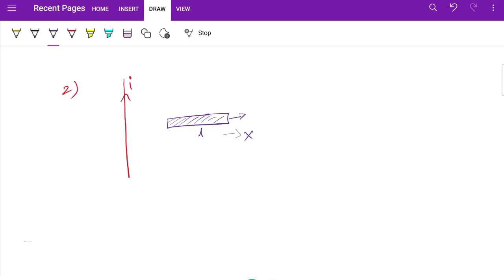As I said, the magnetic field due to a straight conductor is B equals mu naught I by 2 pi r. That means B is inversely proportional to r. That means the magnetic field is not at all uniform. Near the conductor, there will be a maximum magnetic field. At the far end, the magnetic field is very less. That means there is a varying magnetic field.